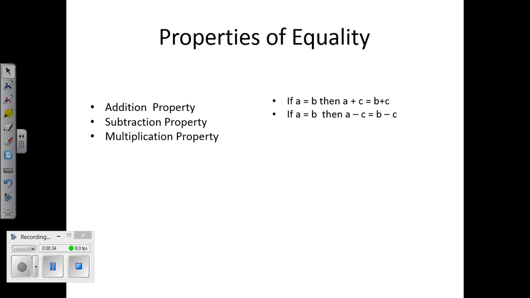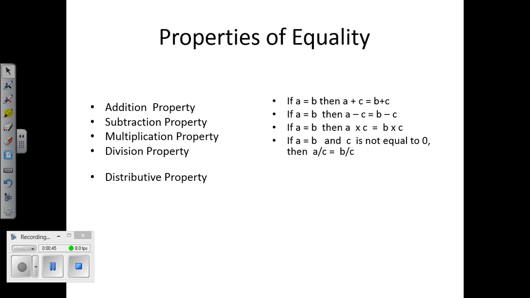Multiplication property, start out with equals, multiply both by the same quantity, you maintain the balance, the equality. Division property, start out with equals, divide both sides by some number as long as you're not dividing by zero, and you maintain the equality.